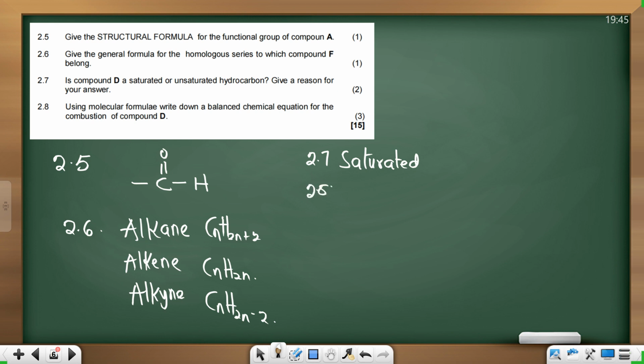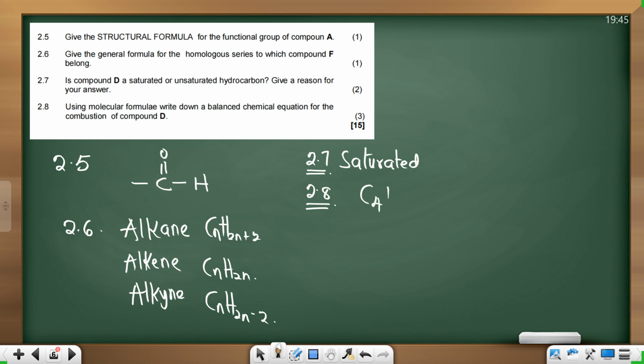2.8. Use molecular formula to write down a balanced chemical reaction for the combustion of D. For the combustion of D. Sophie, you remember the class we had in bronchosprate? Yes, sir. Good. The combustion of D. Do you remember all of that? Remember that crazy moment we had? All right.